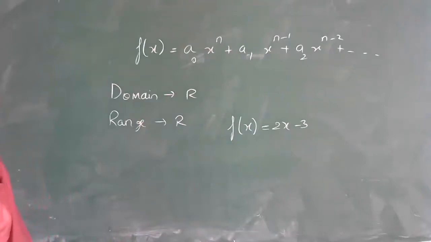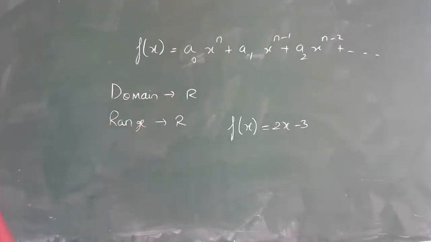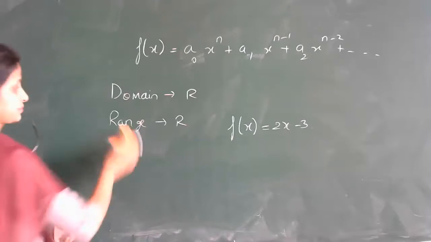Okay? It is simple, students. A function which is polynomial is nothing but polynomial function. Domain is set of real numbers, range is also set of real numbers. Okay, Mohammed? Is that clear?